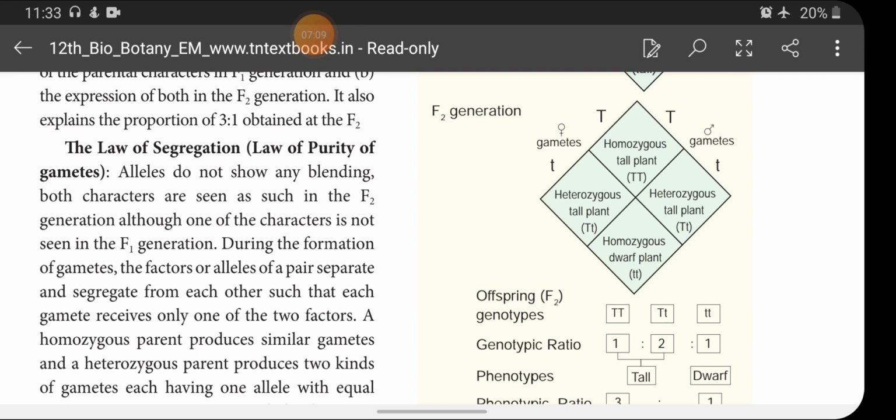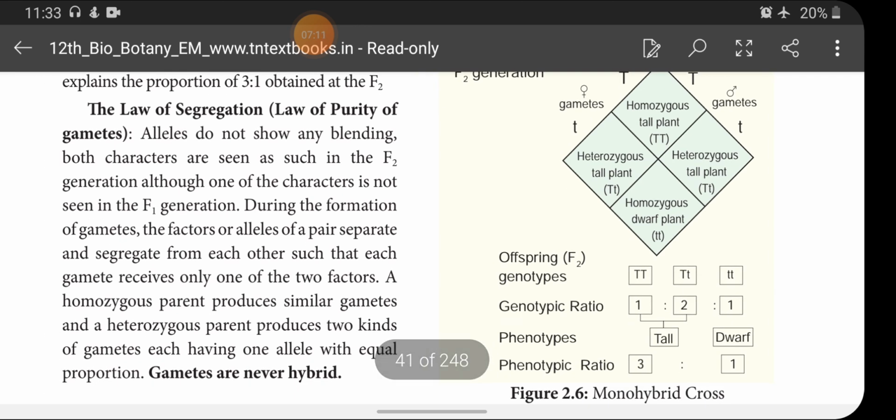Okay, children. Next, law of segregation. It is otherwise called the law of purity of gametes. What is the law of segregation? See, children, since you learnt monohybrid cross in the 10th standard itself, I am saying this orally. When Mendel crossed the tall plant and a dwarf plant, the result in the F1 generation is tall.